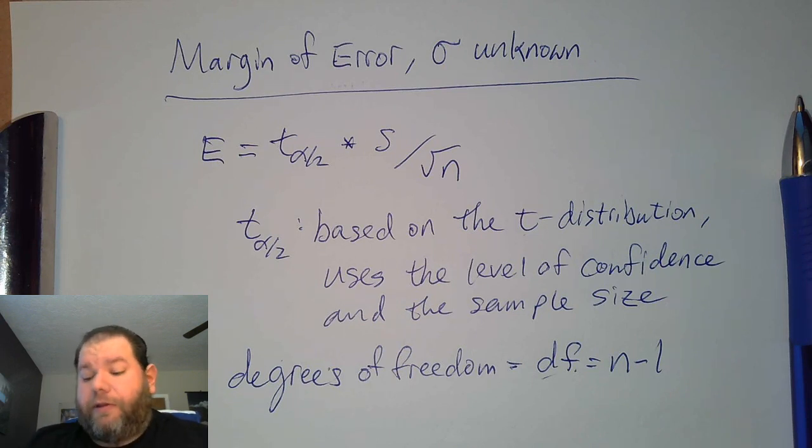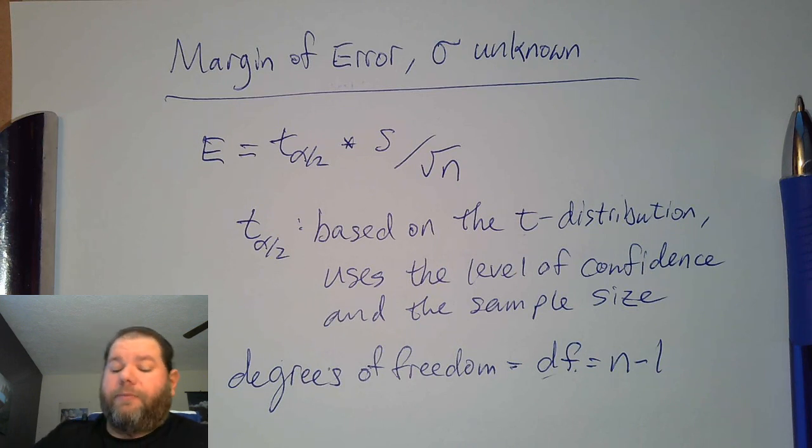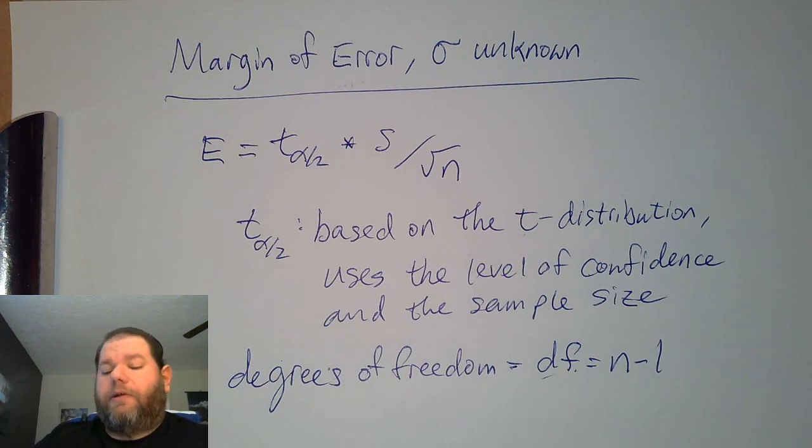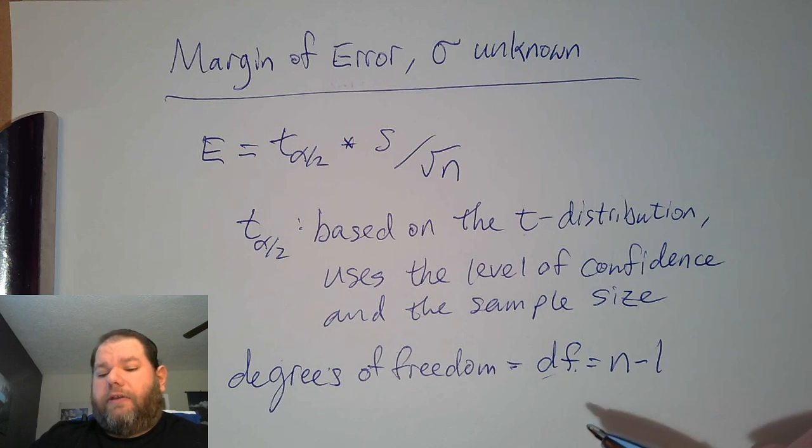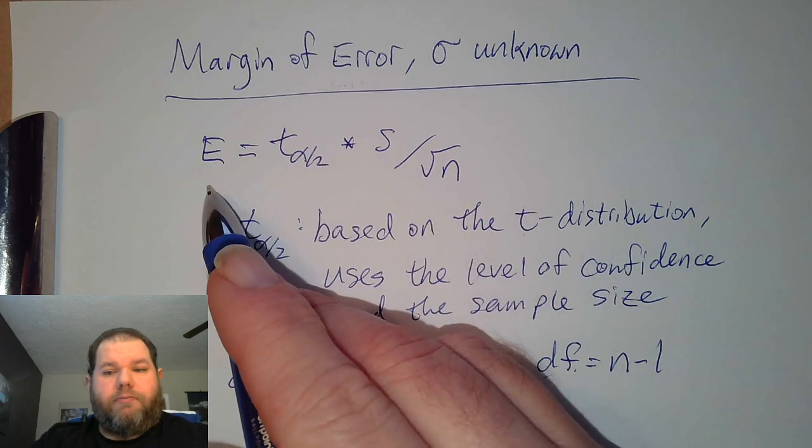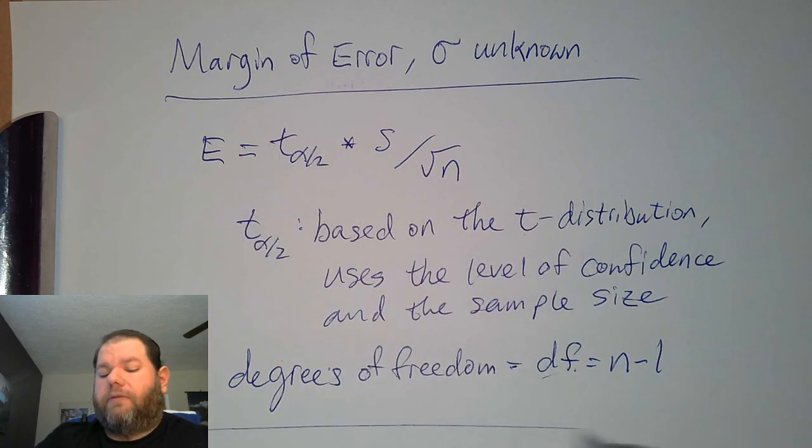Anyway, so we have our table, and that will allow us to calculate this T alpha over 2 value from the table, as we just saw. And that will let us calculate our margin of error based on that.